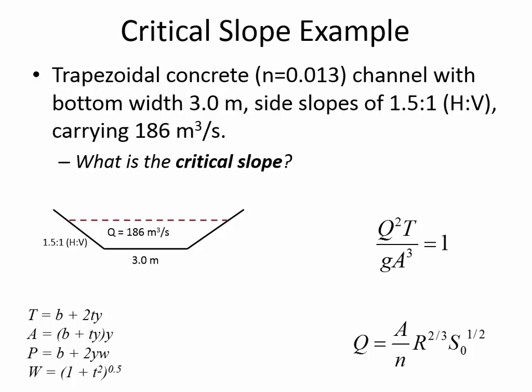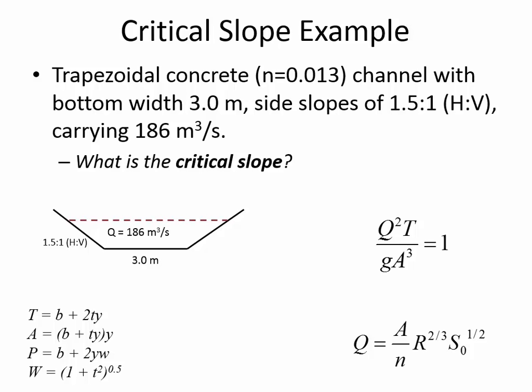So W for this is 1.803. Okay, so then we use that W factor when we're calculating the wetted perimeter. The wetted perimeter is 17.858 meters when the water is flowing at the critical depth.